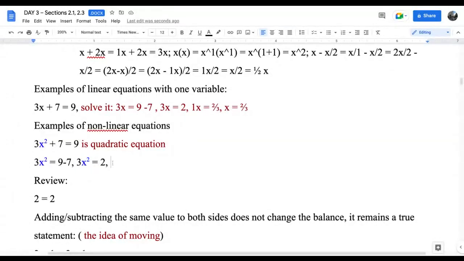We divide by 3. We get x squared equals to 2 over 3. Then we square root. When we square root, we get a plus minus, okay, two values. So plus minus square root of 2 over 3.